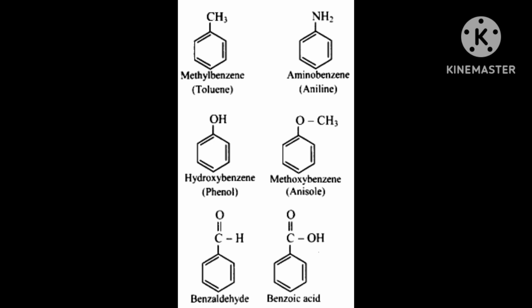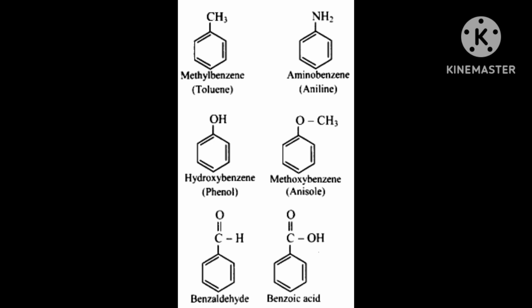Then numbering here is done according to the question. Fluorine will be given number 1, and 2 nitro will come last. If fluorine is 1 and NO2 is 2, third is nothing, fourth is ethyl.